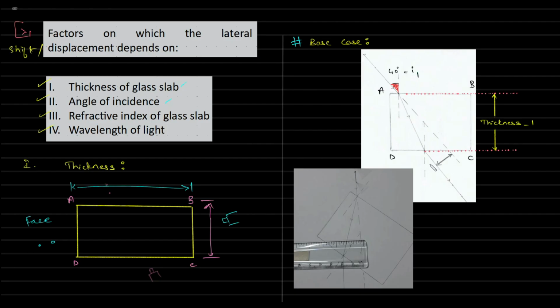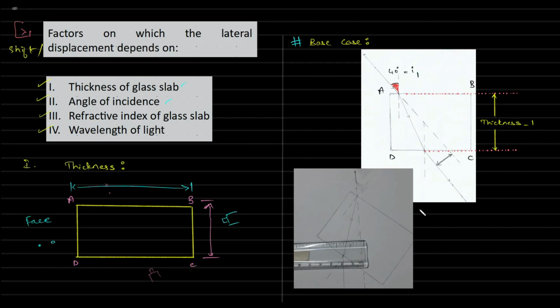This is not something I've drawn just like that. This is something that I have done practically. This is the practical version of what you're looking at, and I've scanned this particular paper. All the three experiments you're going to look at are done with the same glass slab, with the same set of pins and all of that.